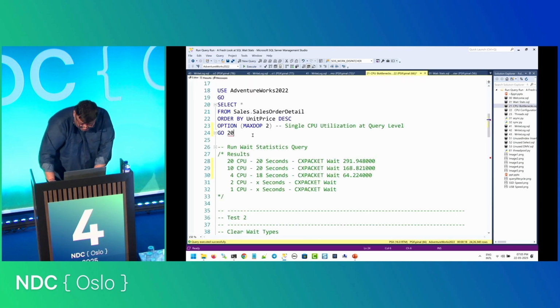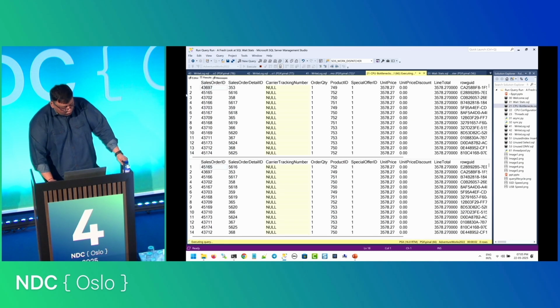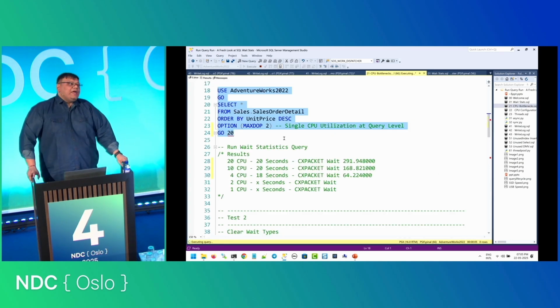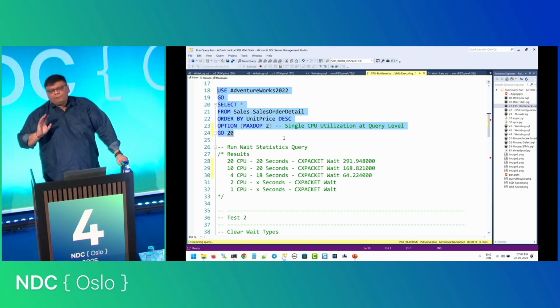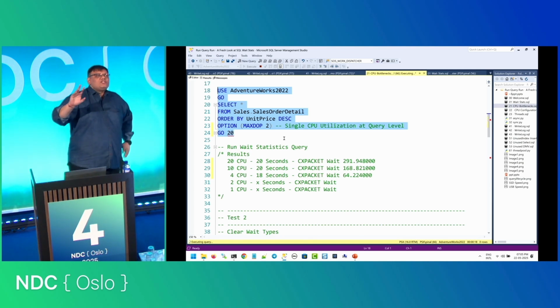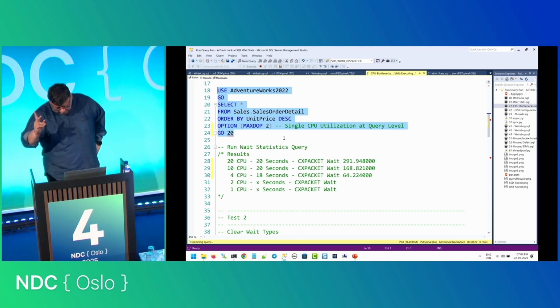And this may be the reason your system is also running slow and you have no idea. This is a query level hint where I'm telling my query to only use 2 CPUs. Now, if you don't believe it, I'll go to the execution plan and show it to you. But what is happening right now is this. My query is distributing workload across the 2 CPUs.